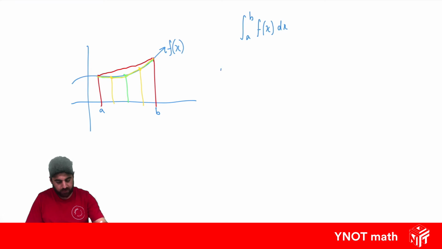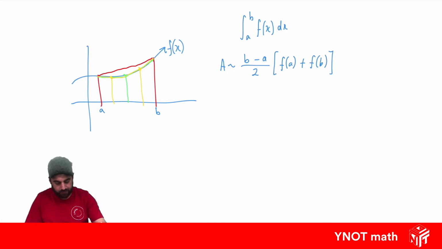So one way to approximate the area is using the formula (b minus a) over 2, outside of the f of a plus the f of b.